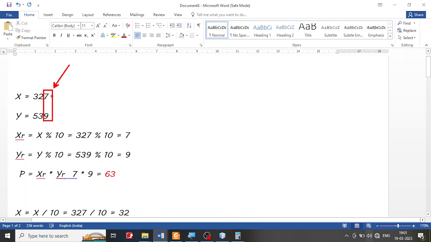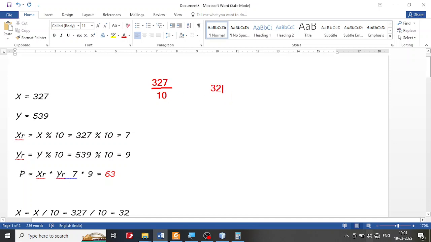How do we take the last digit out? We know that we take this x and go for the remainder operator, that is the mod operator, divided by 10. So what is the remainder? If you take this number 327 and divide it by 10, what are you going to get?